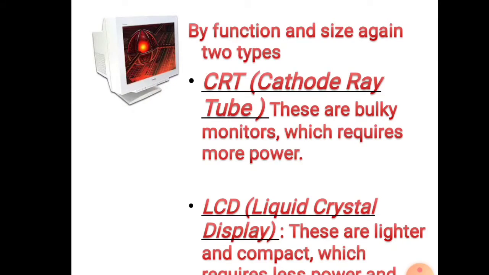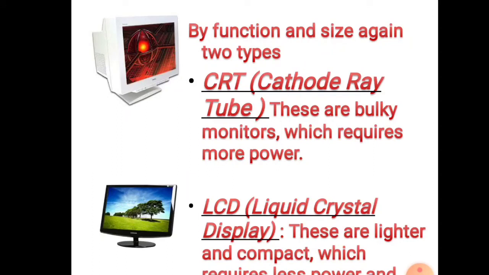It is a bulky monitor, it occupies space, and it requires more power. But nowadays we see different types of LED monitors, or LCD monitors, liquid crystal display, flat screens. These are lighter and compact, require less power, and are portable also.